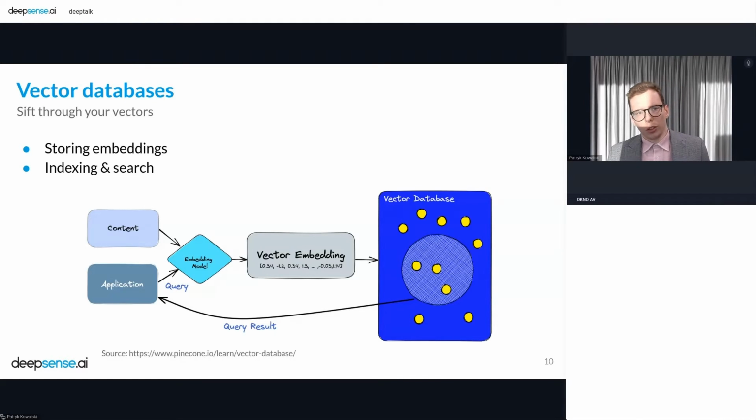What vector databases do is, for one, they store embeddings, any number of them, really. It can be a very big database. It does index the embeddings, so they are easier to search, to sift through your vectors. And mostly that. And a good vector database will do this efficiently.